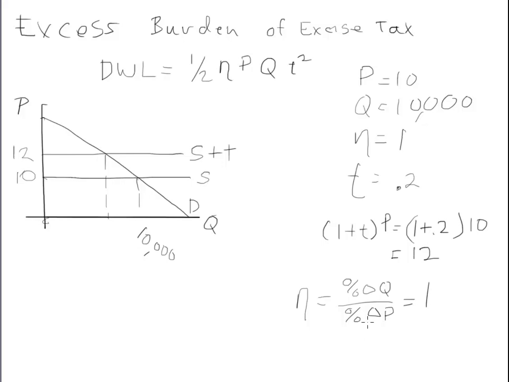We know the percentage change in price is equal to, well, the tax is raising our price by 20%, right? So 0.2 times 1 will give us what's up top here. So the percentage change in quantity is going to be 20%. Well, 20% reduction in this case, I'll take the absolute value. It's really a negative 1 because you raise the price, people buy less. They don't buy more at higher prices.